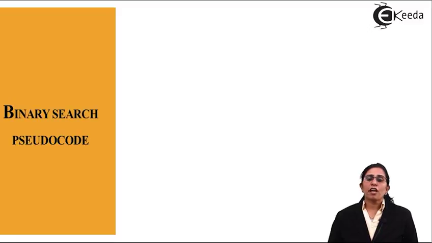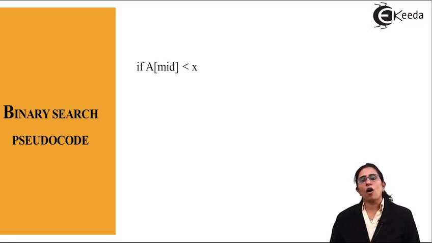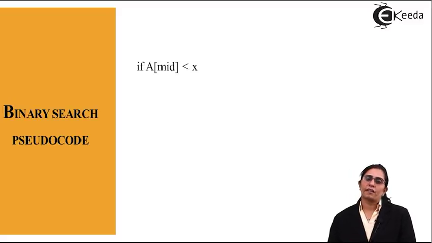We check if A of mid is less than X. If yes, then what do we do? I say low is equal to mid plus 1, that is, the value of X that I need to search is present on the upper side of my array.